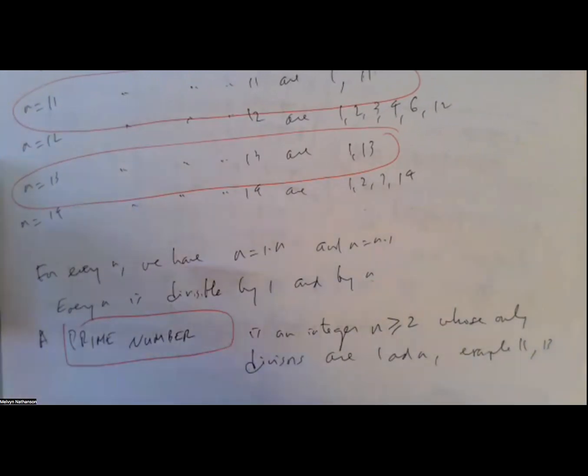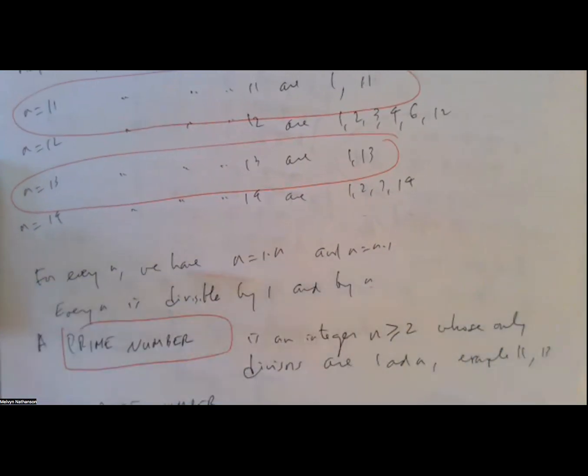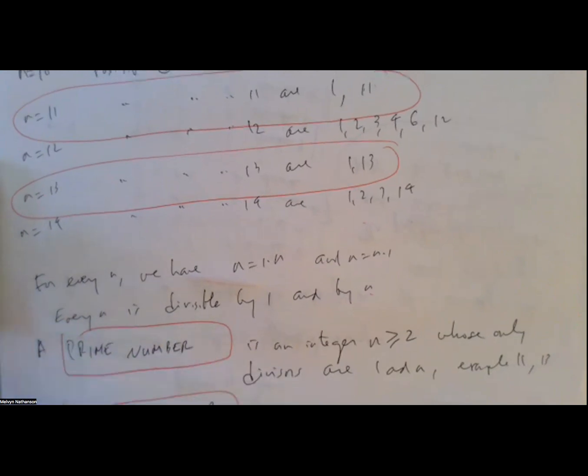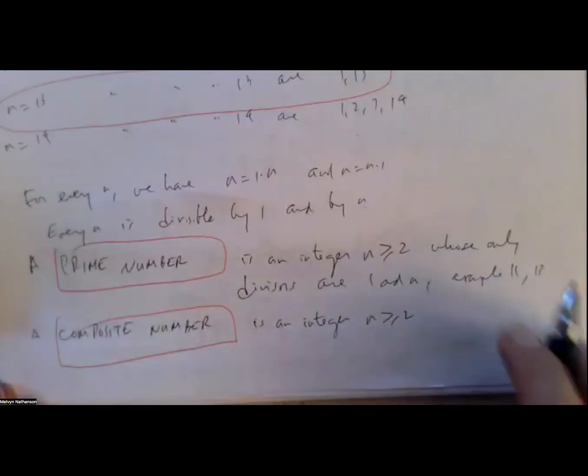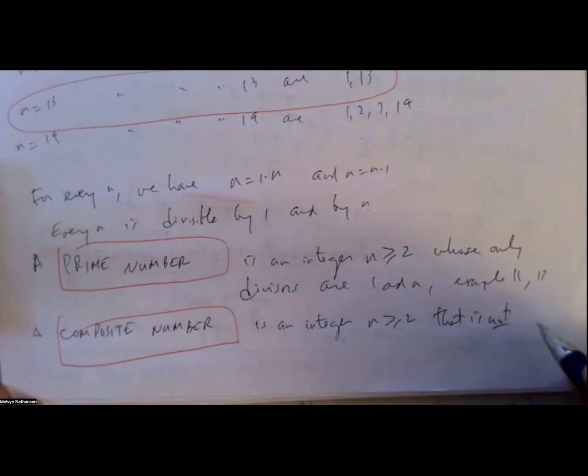And if a number is not prime, it's called a composite. So a composite number is an integer n greater than or equal to 2 that is not prime.